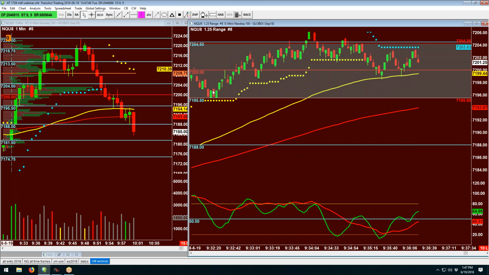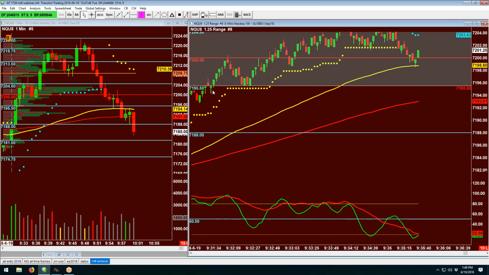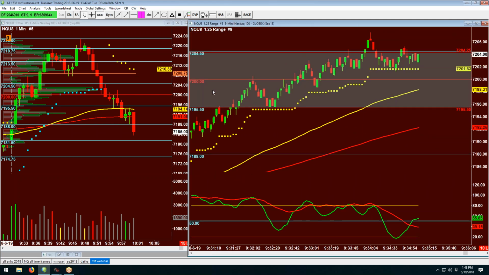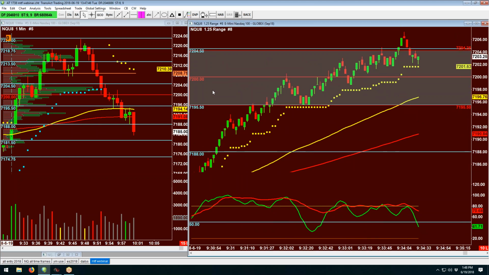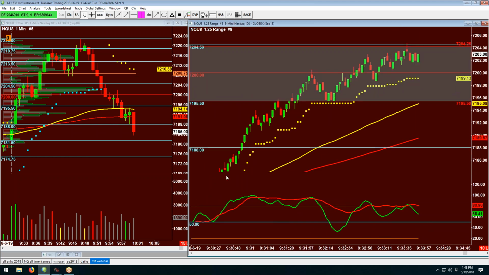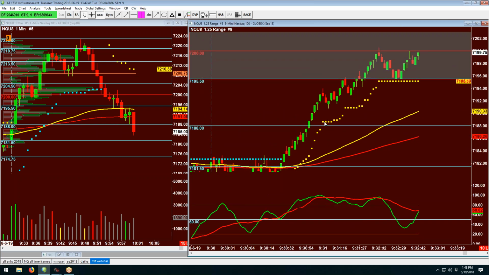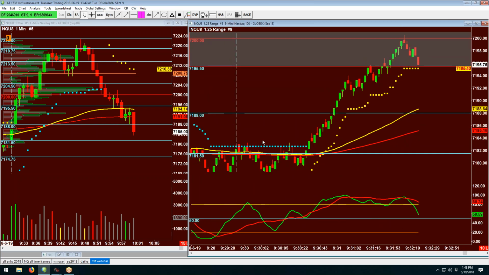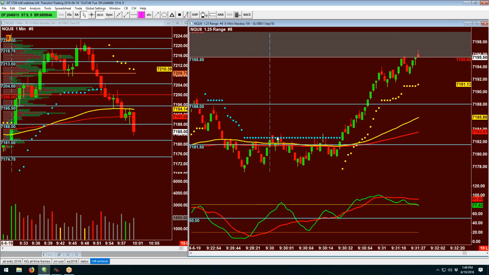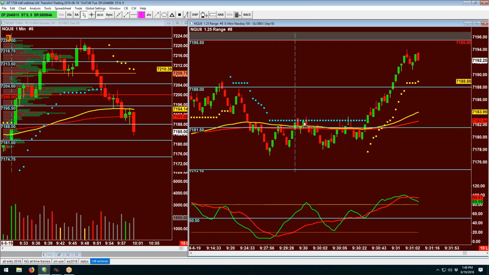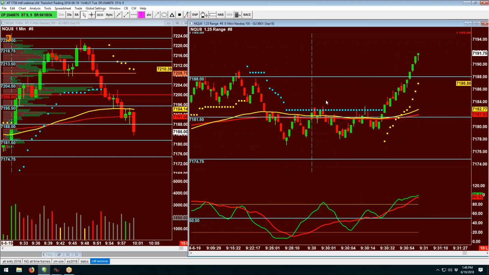All while price is moving higher at 9:30 off the open, I'm just scrolling back there so you can see it on this little range chart. I'm not really interested in doing anything because for me it's just a little bit too close to the open. Generally I use 9:33 as the time that I'm willing to enter a trade.